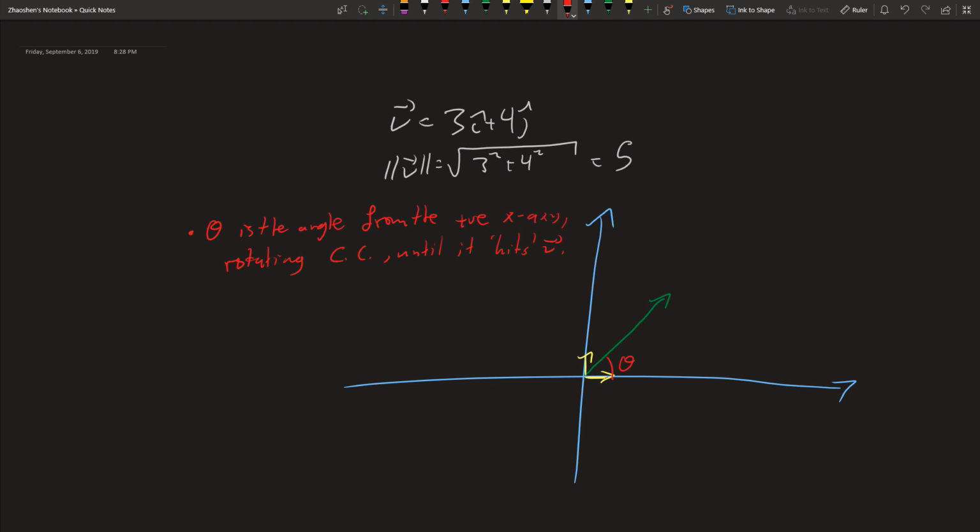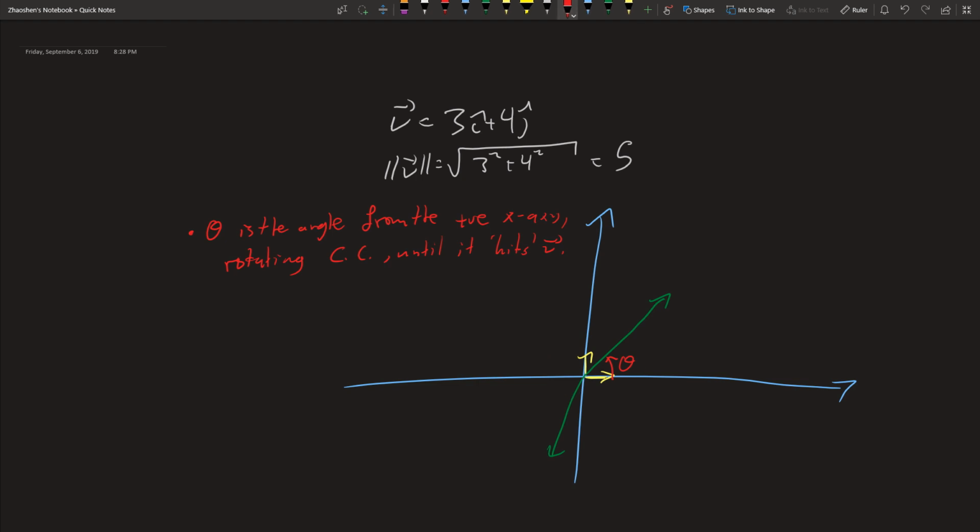That's what theta is. It rotates counterclockwise. So if the vector is this, that means theta will be this angle, which looks like 180 plus 60, which is 240 degrees, maybe, something like that.